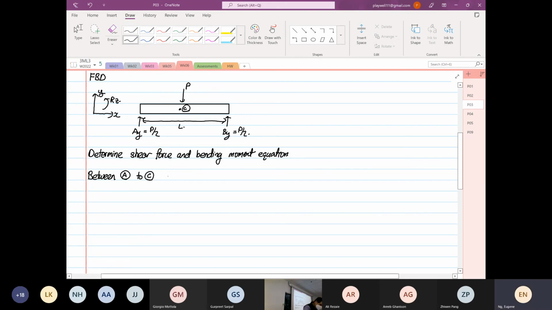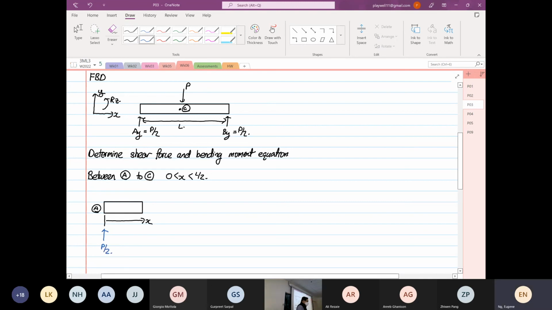So our limits are 0, x to L over 2. Okay. So we're going to draw the diagram. This is point A. This is our x. And at point A, we have a load over here, right? Which is equal to P over 2.